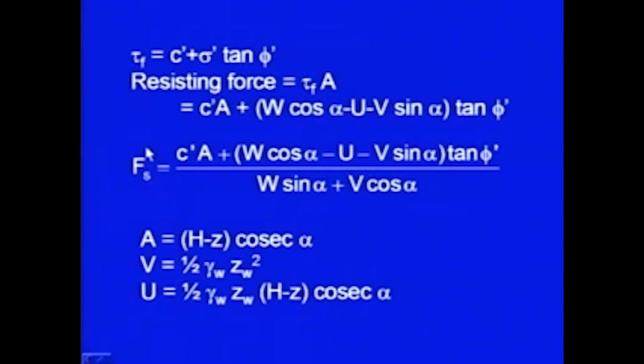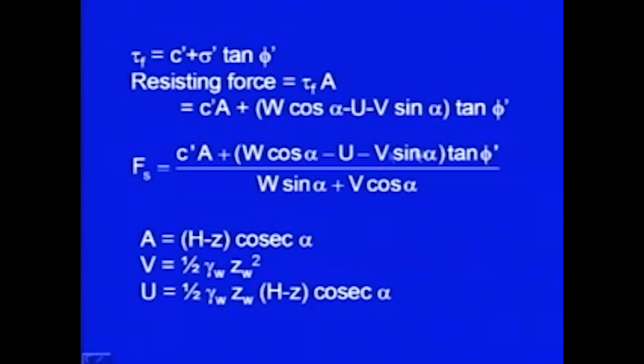So, the factor of safety expression is Fs equal to C dash A plus the weight of the wedge into cos alpha, minus the water pressure U, minus V sin alpha. V is another pressure, because of the water in the tension crack.